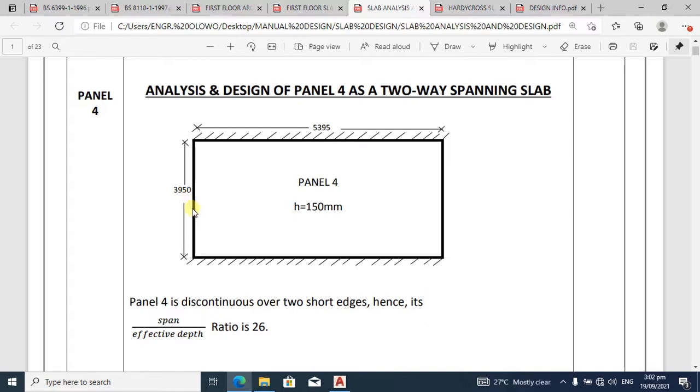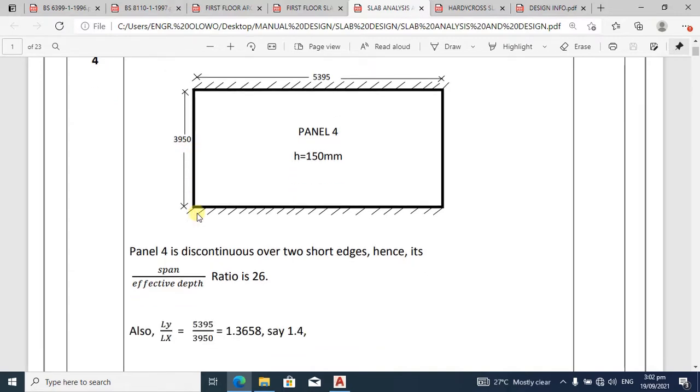So the next thing we are going to do is to calculate the ratio of LY to LX. I will come back to this span effective depth ratio later in this lesson.